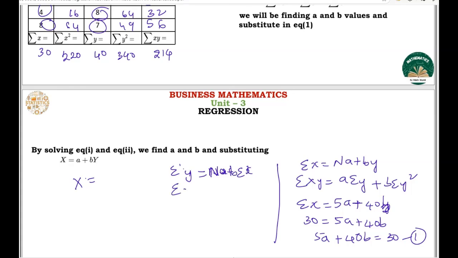Then sigma xy will be a sigma x plus b sigma x square. So if you substitute here, sigma y is how much? 40 equals n is 5, so 5a plus b times sigma x, which is 30, so 30b. So 5a plus 30b equals 40 will be your equation 2.